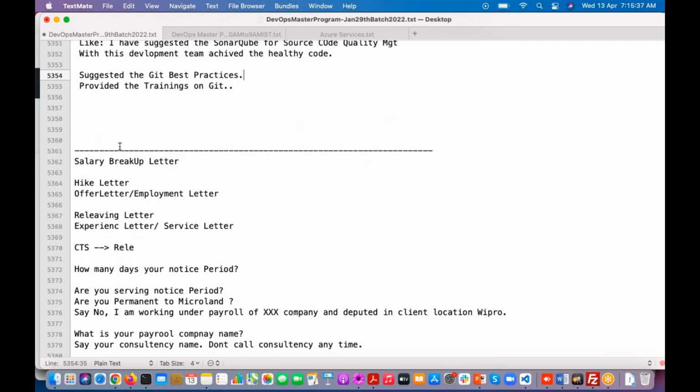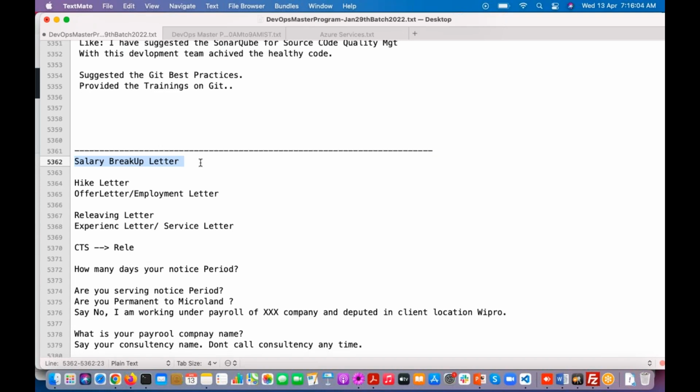Okay guys, once you clear the interview, they are going to ask for the salary breakup letter. Some companies give the salary breakup letter and the offer letter separately.